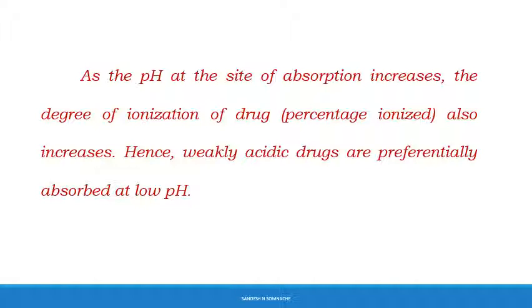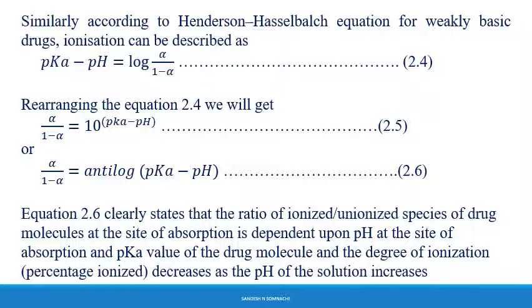Now, when we apply this Henderson-Hasselbalch equation for a weakly basic drug, we get the equation pKa minus pH is equal to log alpha upon 1 minus alpha. Rearranging the equation, we get alpha upon 1 minus alpha is equal to 10 raised to pK minus pH, or antilog of pK minus pH.